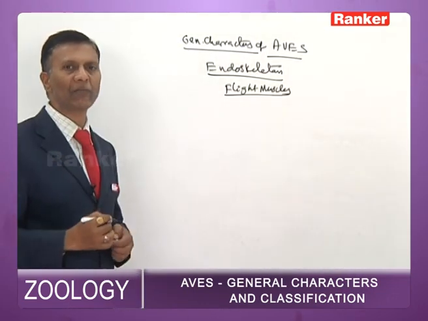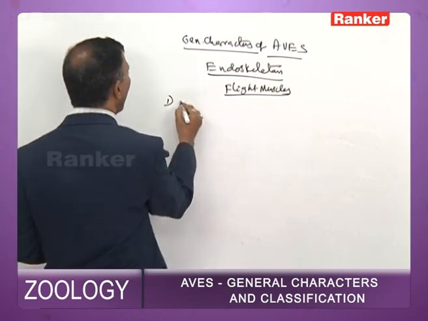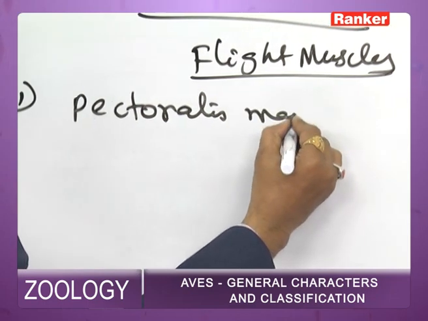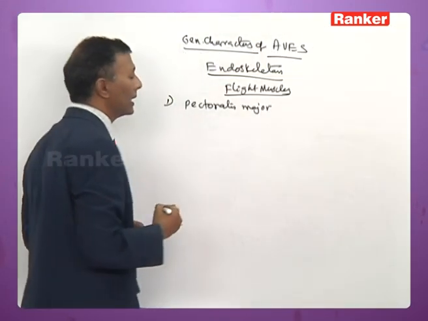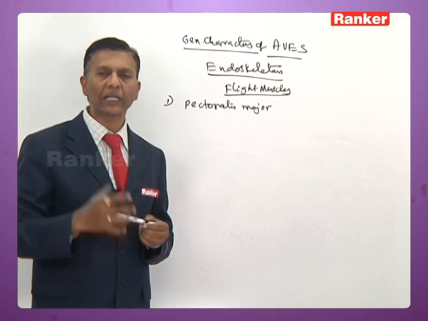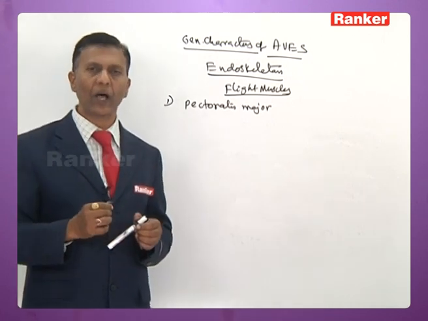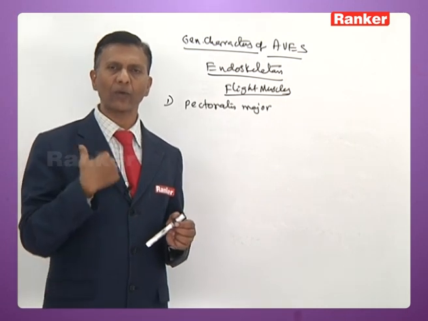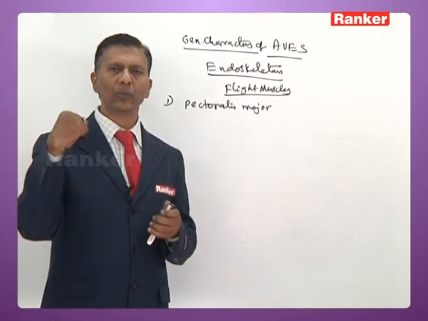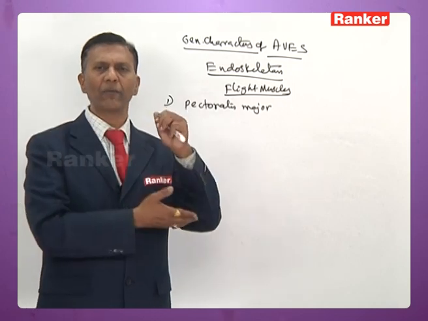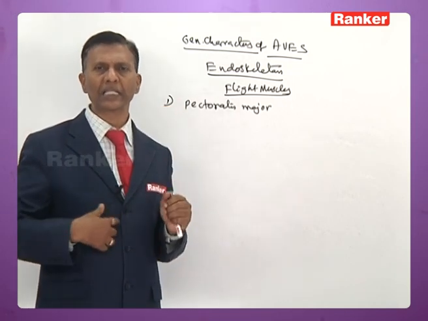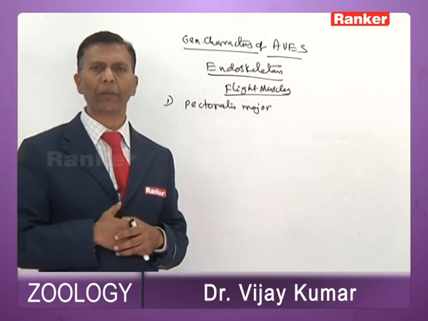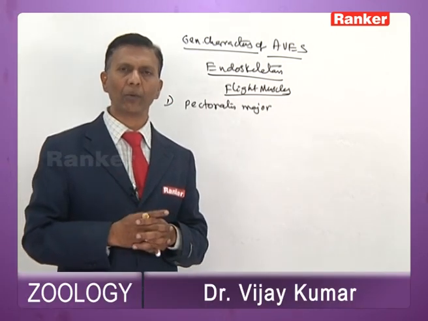The flight muscles of birds: pectoralis major. This pectoralis major forms one third of the body weight of birds. It arises from the keel, extends across the body, passing through the foramen triosseum, and is attached to the inner surface of the humerus bone.